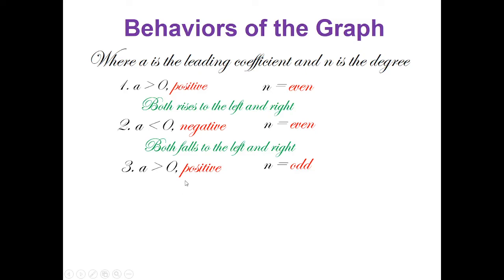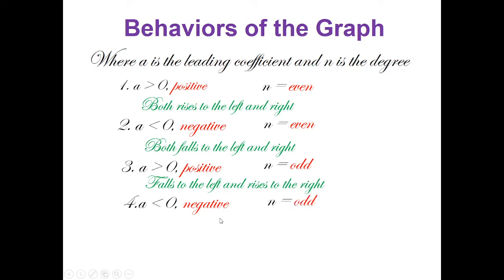So, sa left, it falls to the left and rises to the right. Whereas, if a is negative and n is odd, it rises to the left and falls to the right.